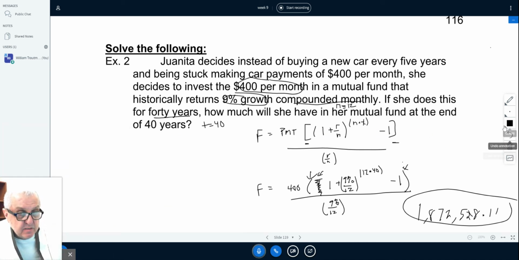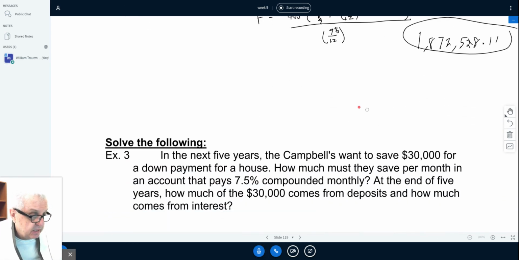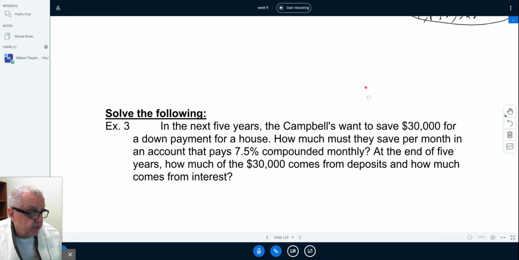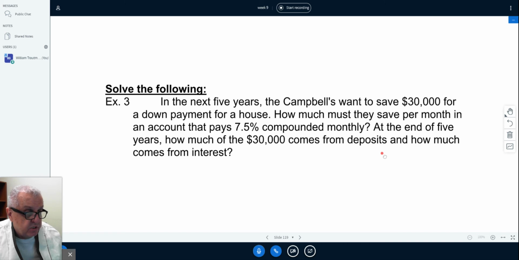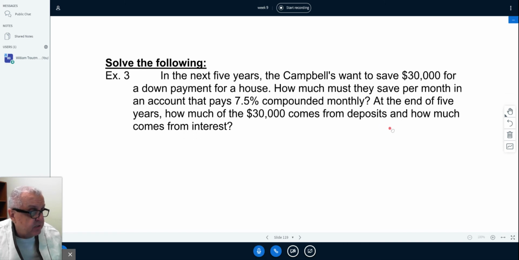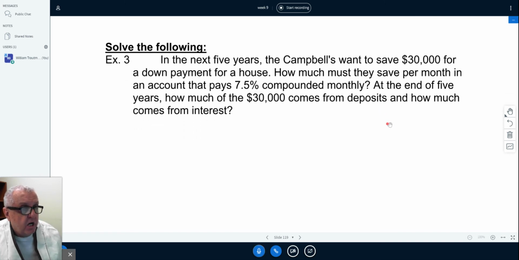See if we can find something similar to that. I think we're just about done here. In the next 5 years, Campbell wants to save $30,000 for a down payment on a house. How much must he save? Okay, so this is similar.